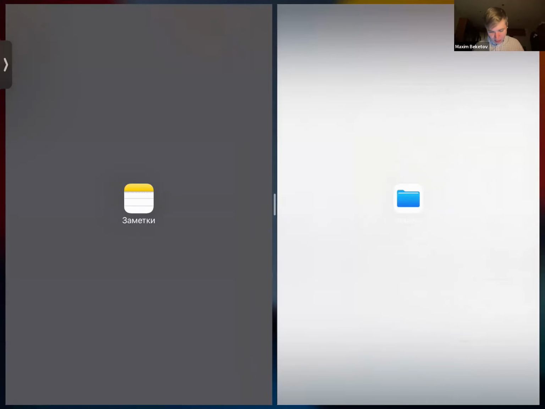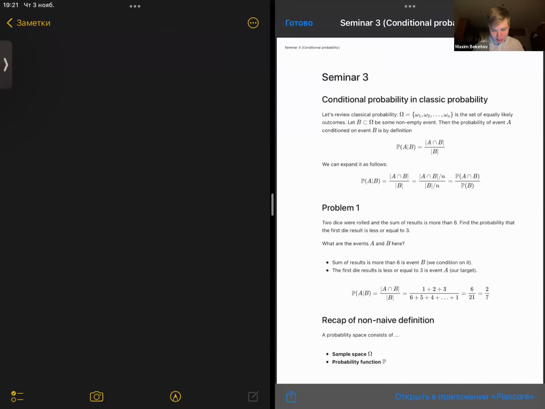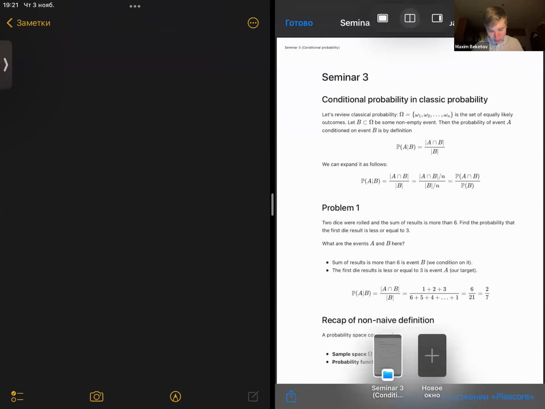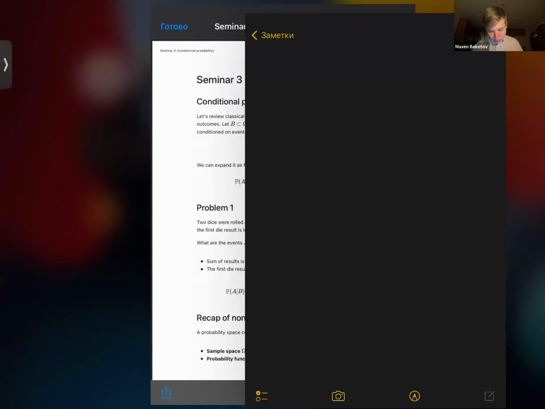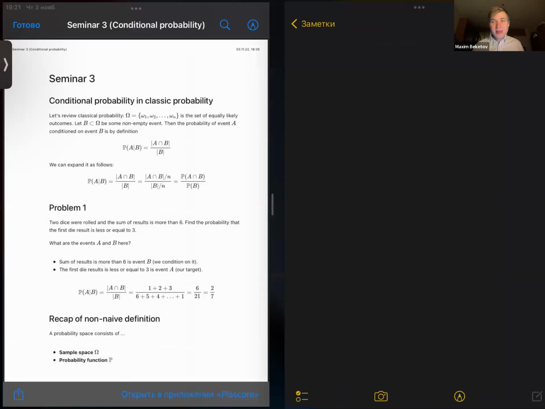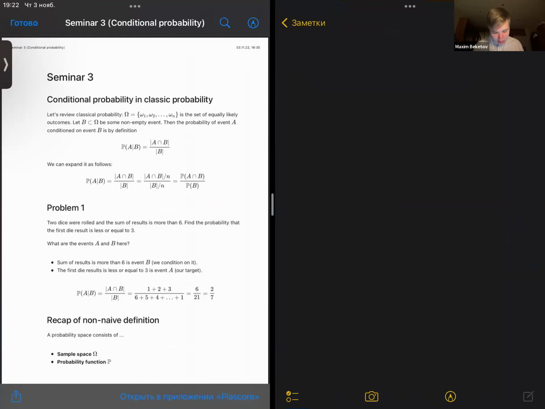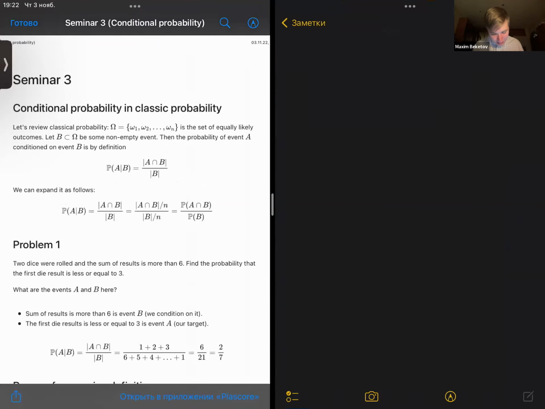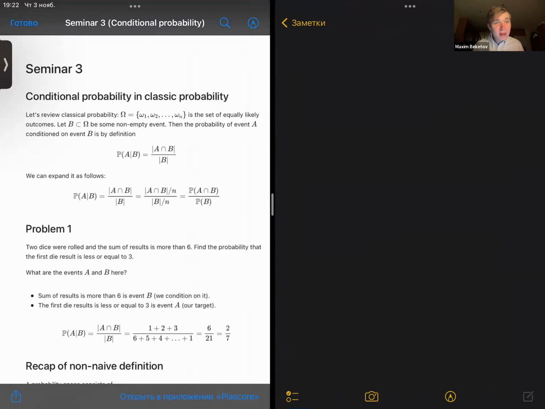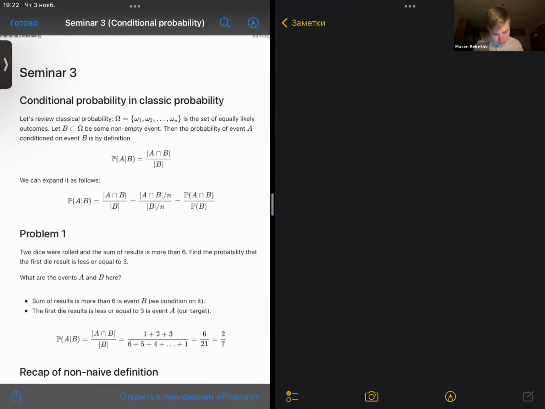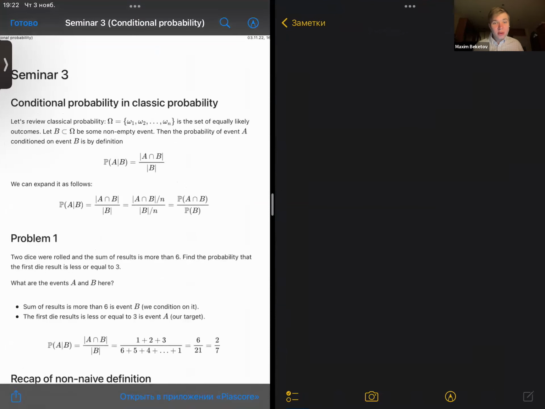I'll be doing it this way again. I'm sorry if the text is not too large here, but I'll try my best so you can see it well. I guess this way it is more or less readable, right?